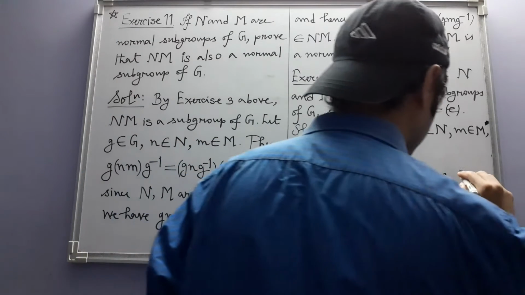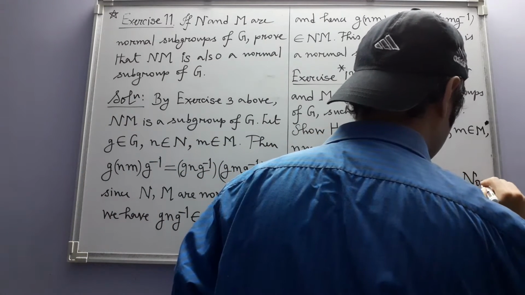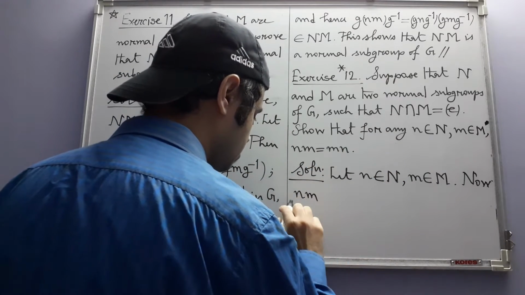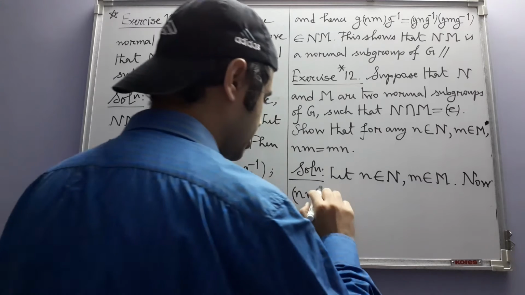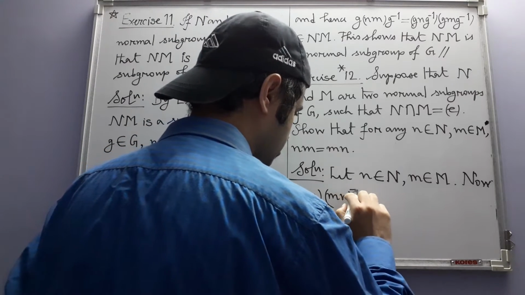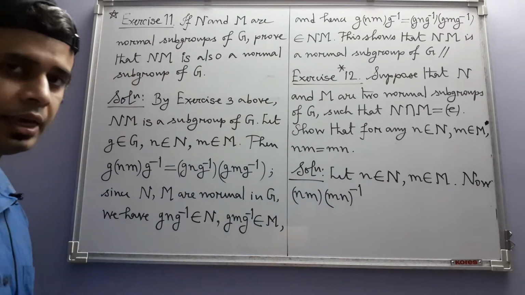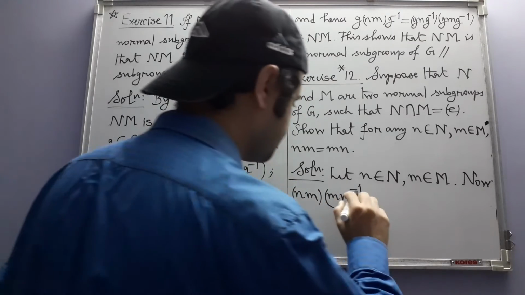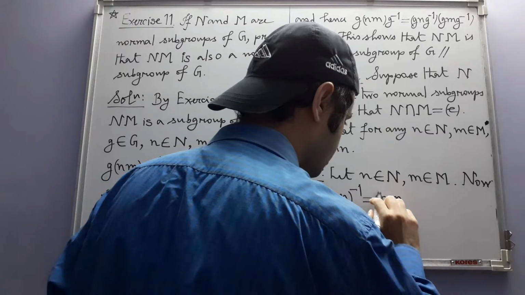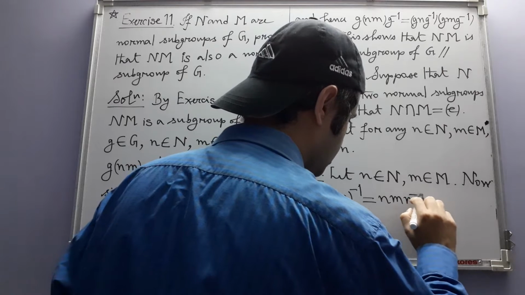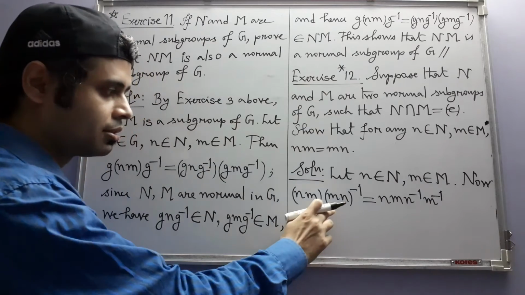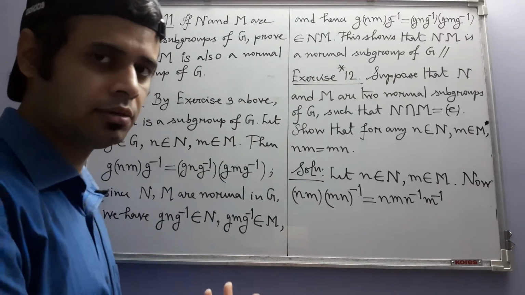Okay, now we concentrate on this product nm n inverse m inverse. This is equal to nm n inverse m inverse, because we already know that (mn) whole inverse is n inverse m inverse.